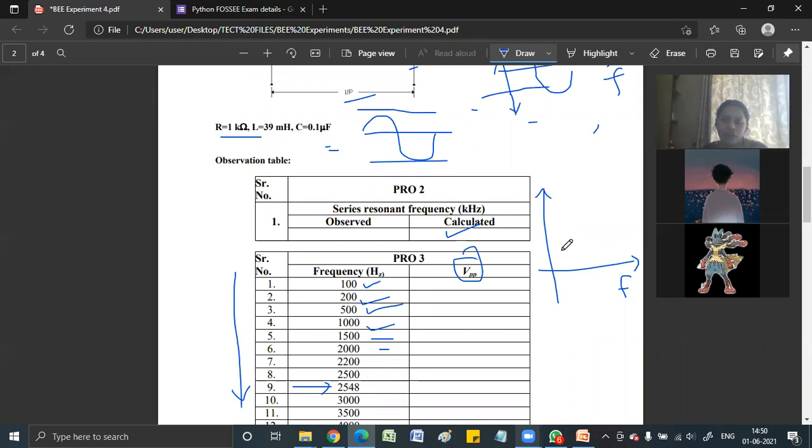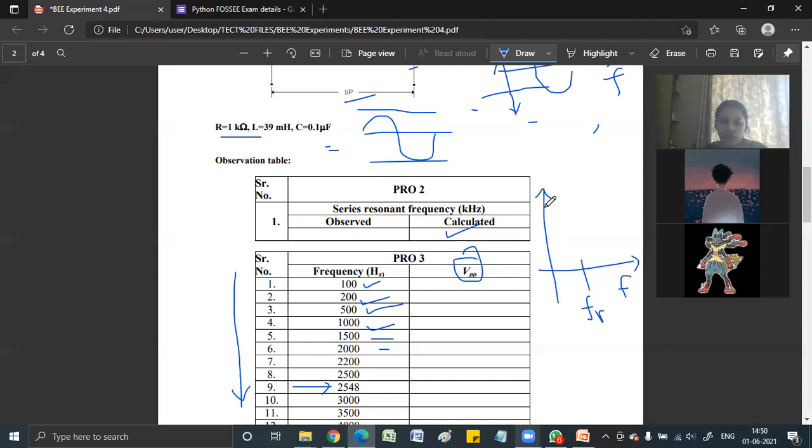So what we are going to do is we already know the graph for a series circuit at resonance. Say this is my resonant frequency F naught, or we call it FR, the resonant frequency. At the resonant frequency, the current is maximum, the resistance is minimum.